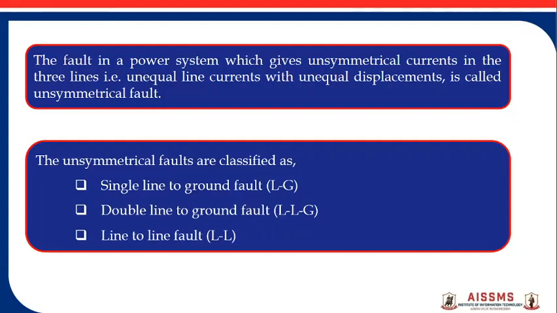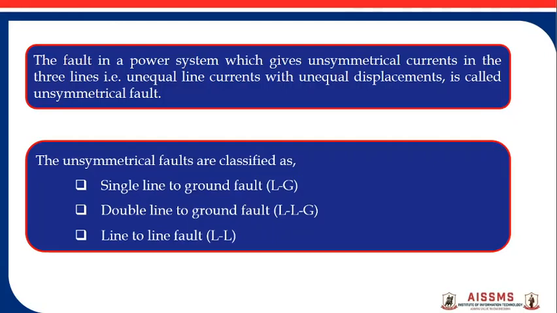A set of three balanced phasors having phase sequence opposite to that of the original phasors is called the negative phase sequence component, and a set of three phasors equal in magnitude but having zero phase displacement from each other is called the zero phase sequence component.